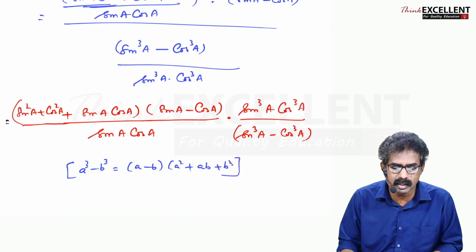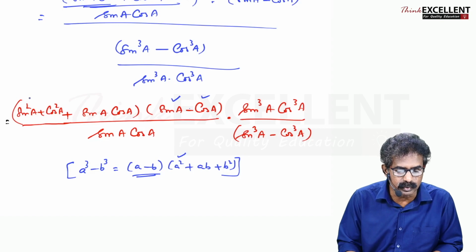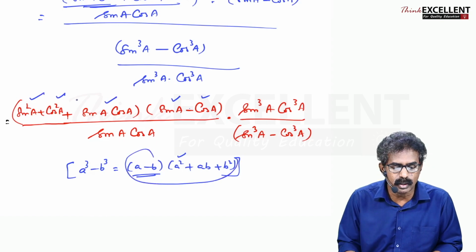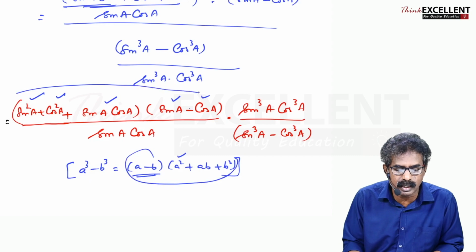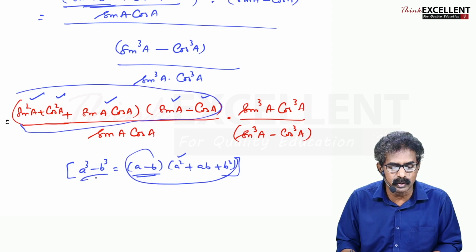Can you use that here now? Please listen here. This is A minus B, into A square, that is sin square A, AB, sin A cos A, plus B square, cos square A, right? You are getting exactly this part. So first and second together, you can write it as A cube minus B cube.